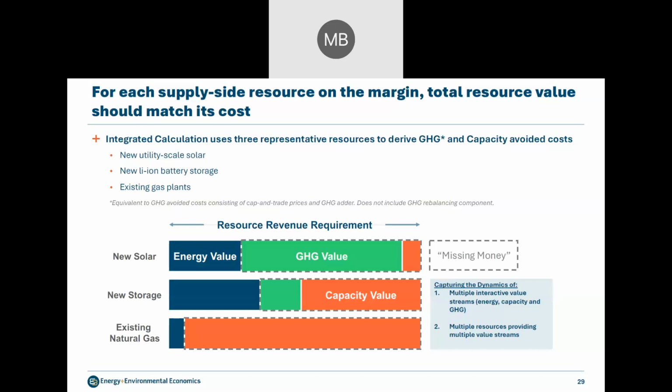It seems to us that you're probably going to get higher avoided costs the more resources you include, because you're going to have more constraints on being able to fully recover the costs of all of the resources that are in the IRP portfolio.